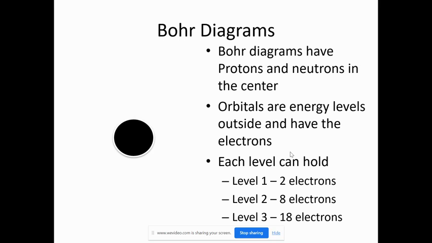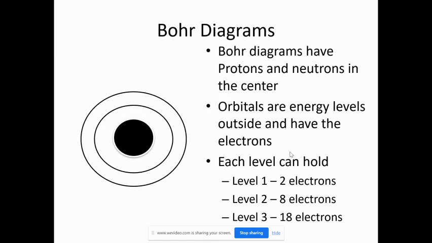So you're starting out with this center here, which represents our nucleus with the neutrons and the protons. And then around the outside, the electrons are put into these energy levels, these orbitals.